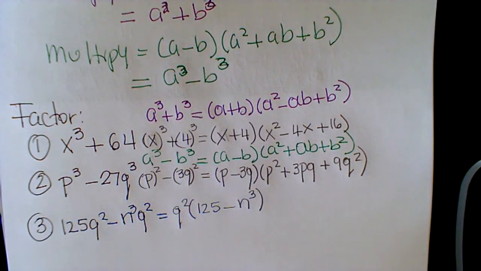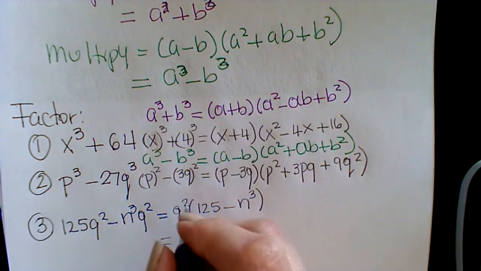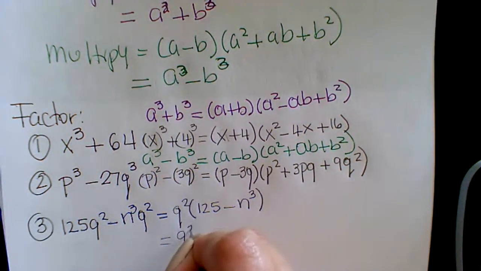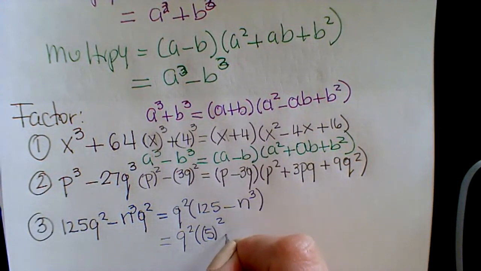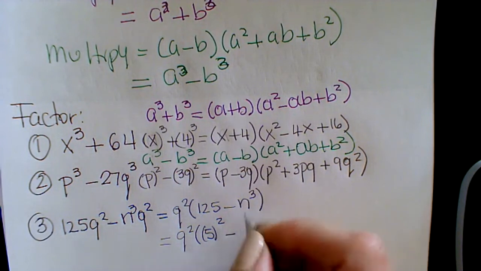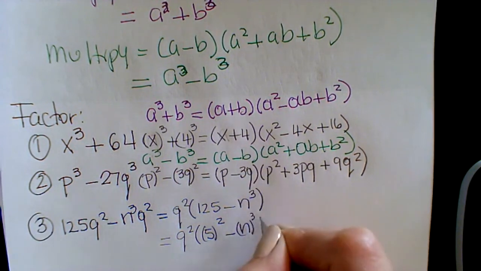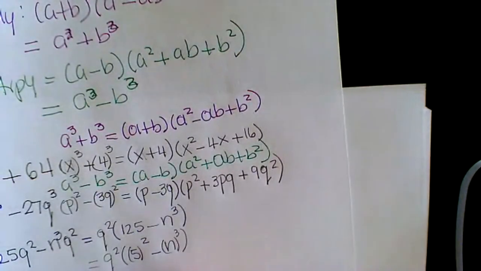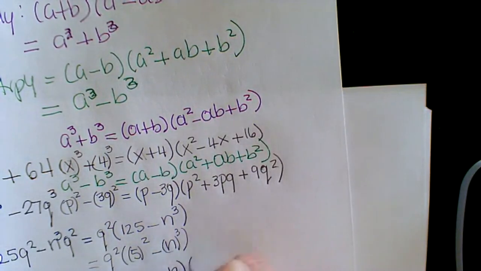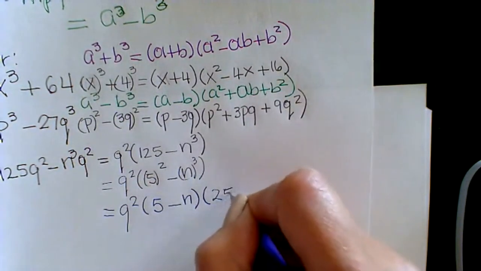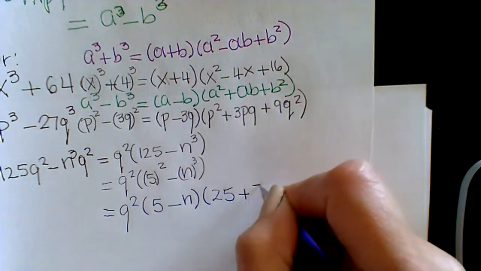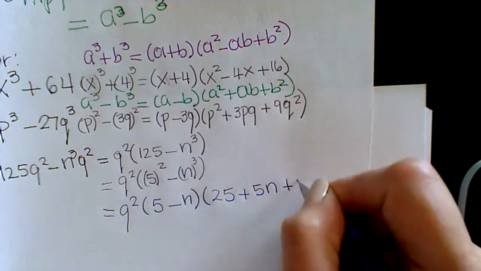That's what we have. And this is equal to what? Gotta write this down. 5 to the third power minus n to the third power. q times 5 minus n, and we're going to multiply by 25 plus 5n plus n squared.